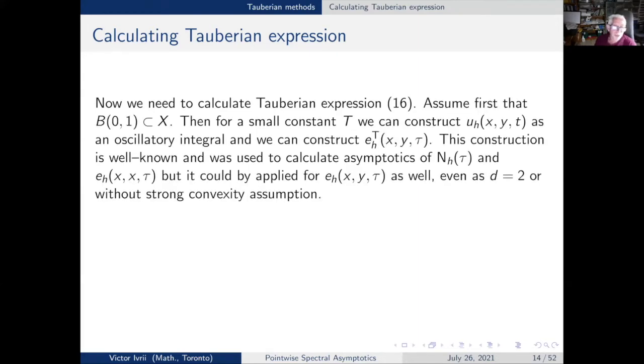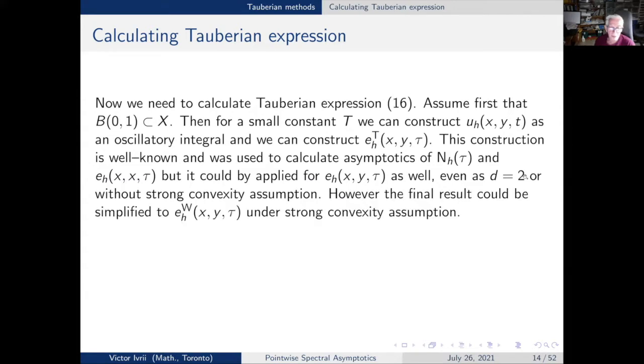Assume first that we are away from the boundary. Then for small constant T, we can construct U_h as an oscillating integral, and we can construct the Tauberian expression. And this construction for small constant time is well known and was used to calculate these asymptotics, but it could be applied to this case as well, even as d equals 2 or without the strong convexity assumption.